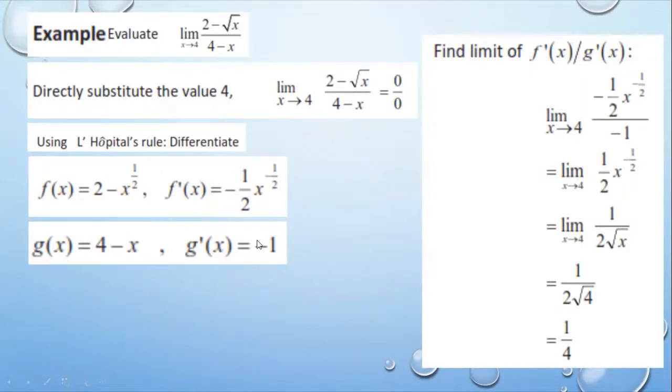Now put 4 in place of x. When you put 4 in place of x and calculate, you will get 1 quarter as the answer, or 0.25. See, before you were getting 0 upon 0, now you're getting 1/4. So that's the way you can find the limit. I hope you understand.